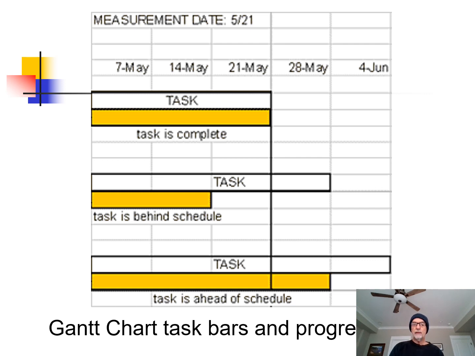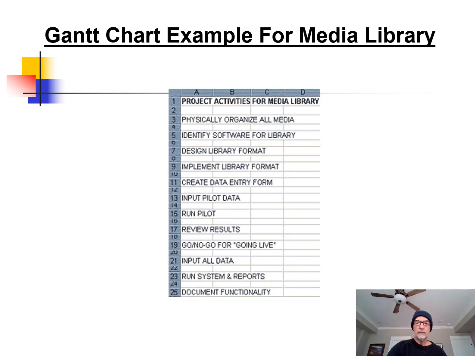The second project task is not due until May 28th, but as of May 21st you're behind schedule, because you can see the goldenrod bar is your actual work. And the third task, as of May 21st, you're ahead because you have work that's completed through May 28th.